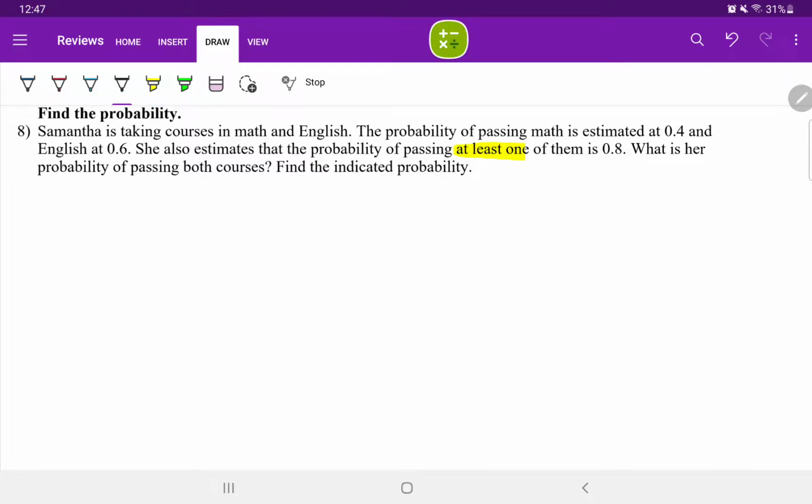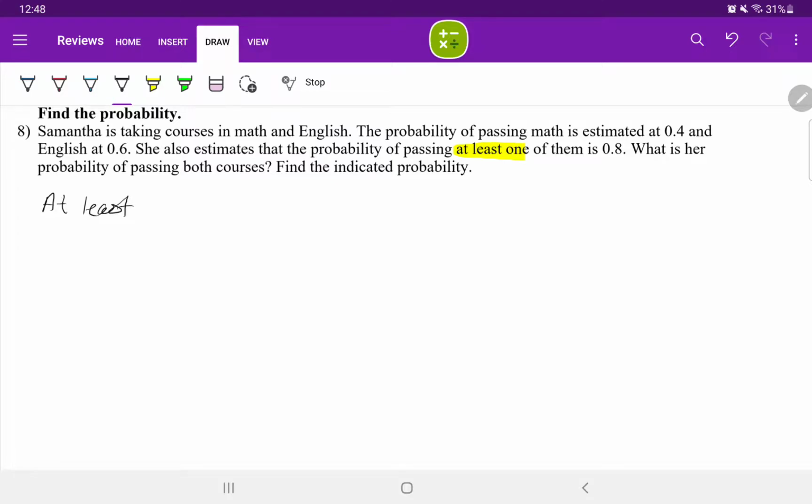Let's look at the words at least one. Well, let's look at at least first. If I say you have to be at least 21 years old to legally consume alcoholic beverages, that means you have to be 21 or older. Your age has to be 21 or more.